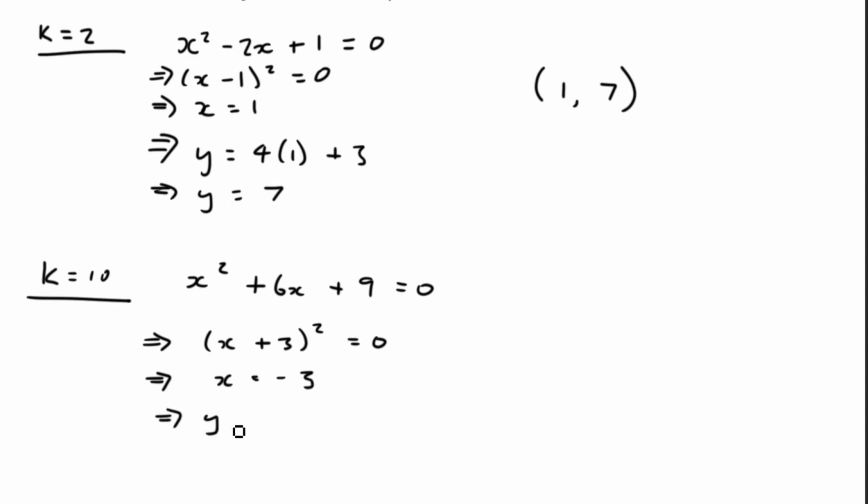And again, the value of y is 4 times the value of x plus 3. In this case, y is negative 9. So the point of intersection in this case is negative 3, negative 9.